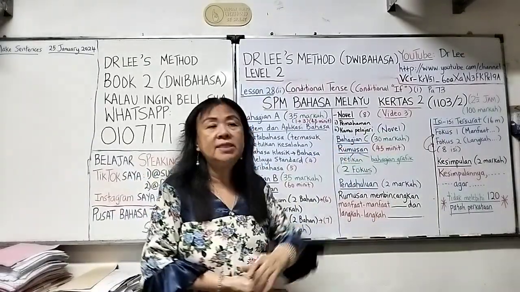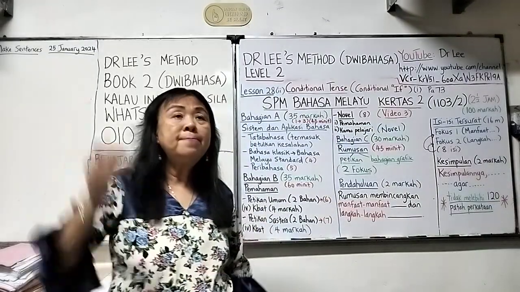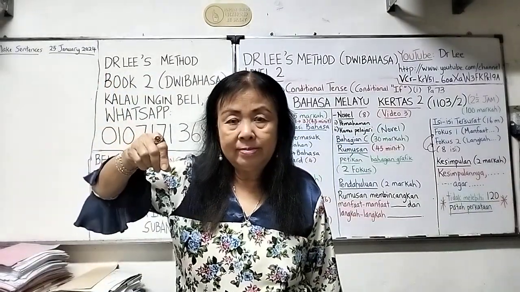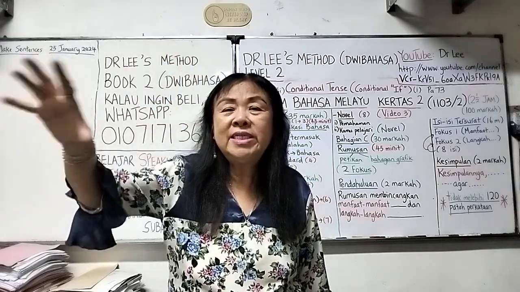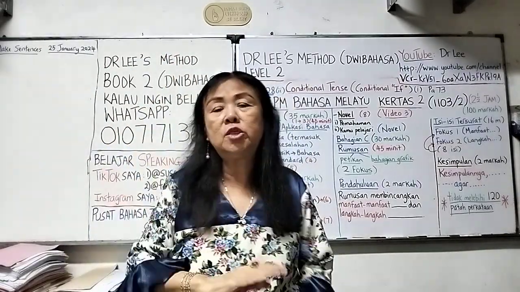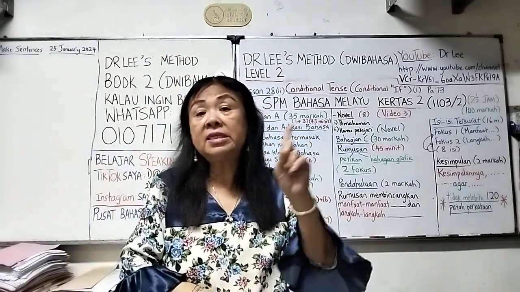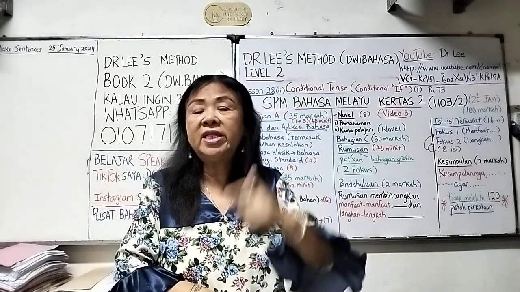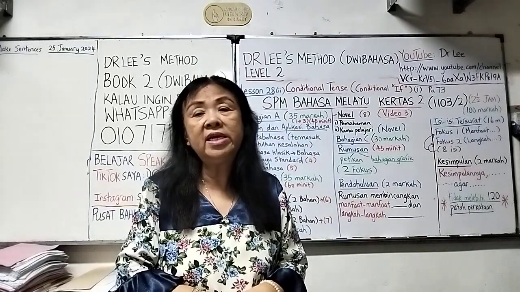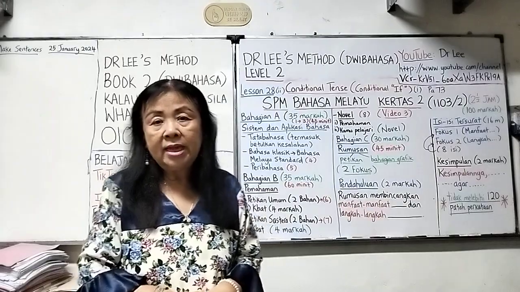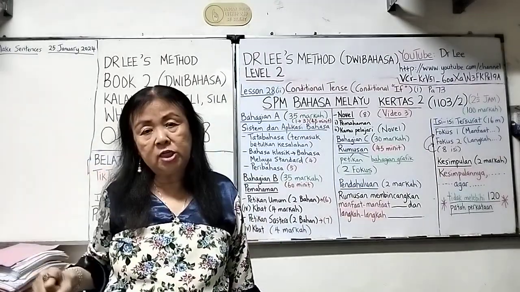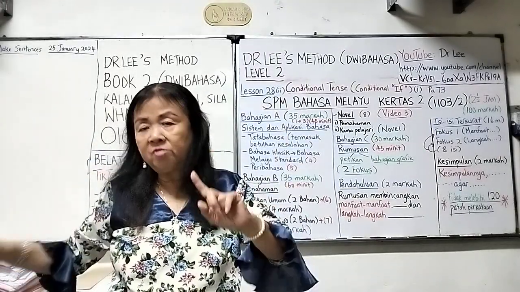And then you go to isi-isi tersurat. The meaning of tersurat is points taken from the passage directly. It is not tersirat. Tersirat is your own thinking. No thinking. Tersurat, taken directly from the passage and the graphic. Focus 1 and focus 2.